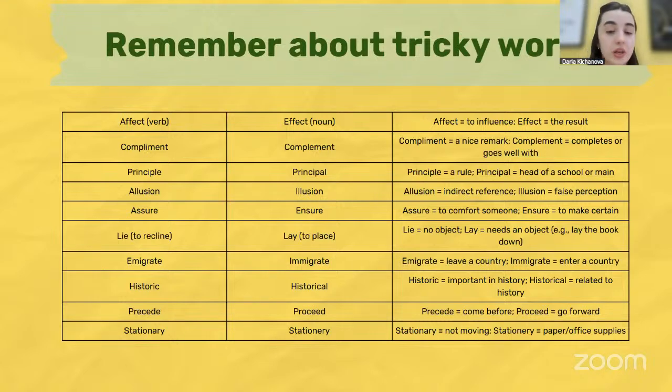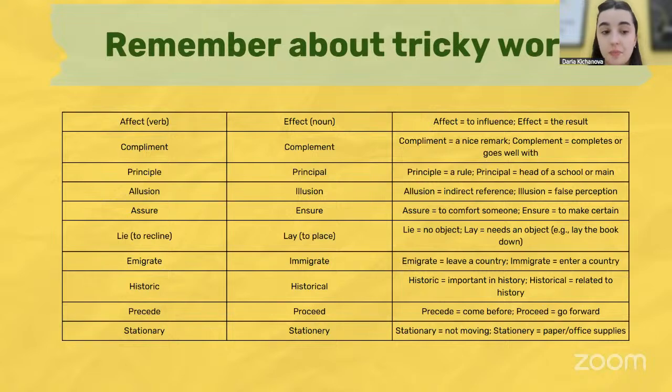But if we are talking about the word effect as a noun, it means that it has some potential result on somebody or on something. For example, these pills have some side effects. So there we use nouns.